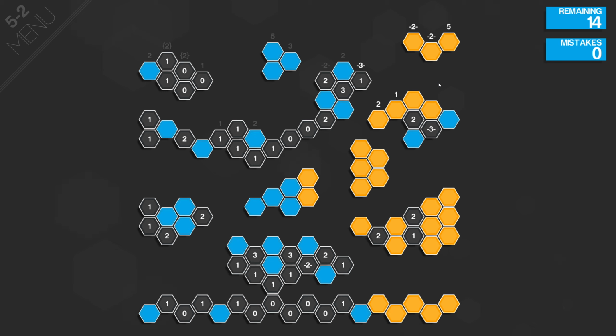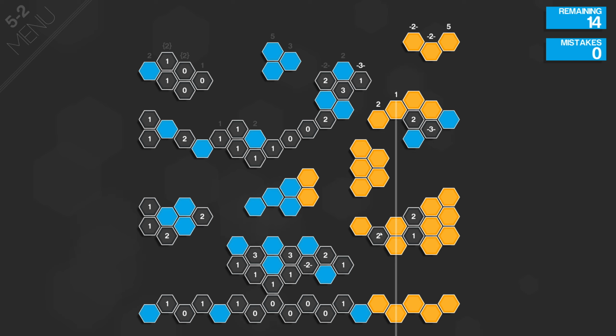So what does that give us? That gives us the following. This 2 here must be touching either... must be touching the one on the left and one of the 2 on the right. Because in this whole column, there's only one out of these 4 cells.